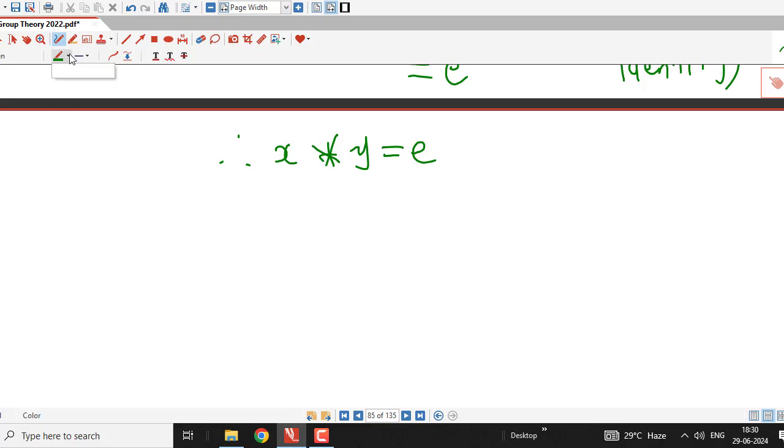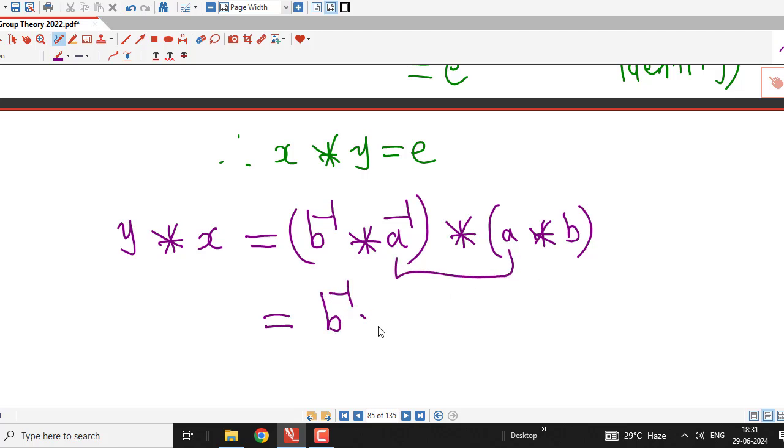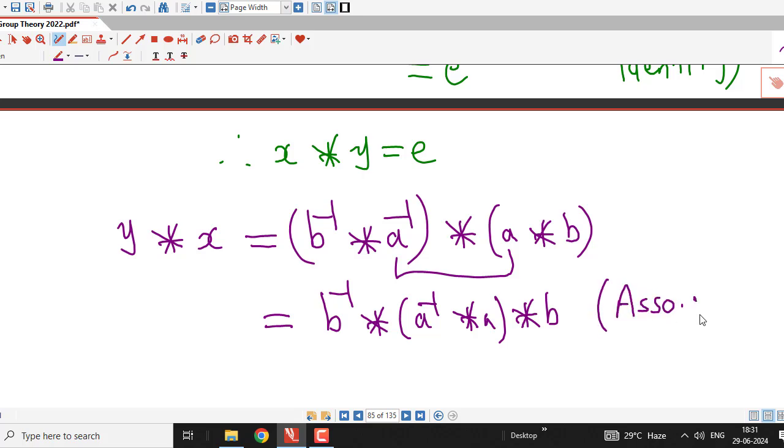Similarly we can show that y star x equal to E. Suppose we consider y star x. What is y? Y is B inverse star A inverse, x is A star B. So here we will use associative property and we will combine these two, A inverse star A star B, again using associative property of a group.